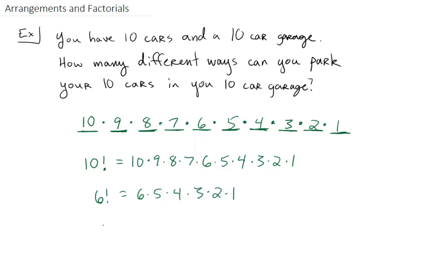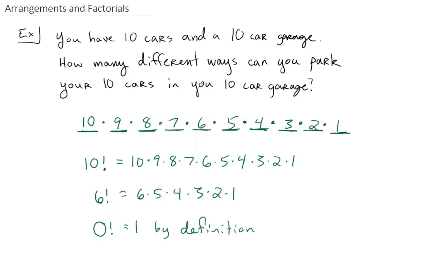One thing that's important to note is that 0 factorial equals 1 by definition. It doesn't really follow the pattern of the other factorials, but we do need a 0 factorial, and so by definition we just say it's going to be 1. So if that ever comes up, it just equals 1.